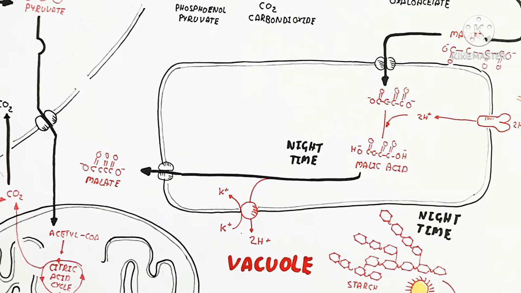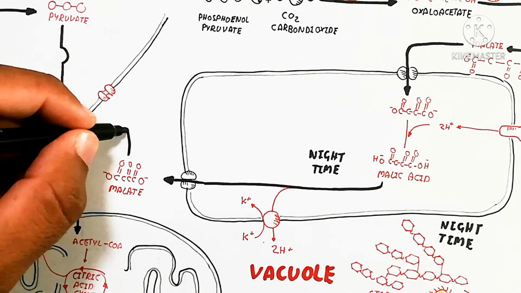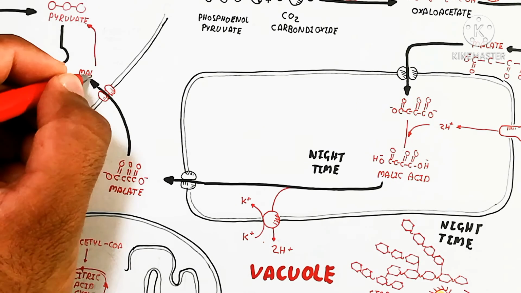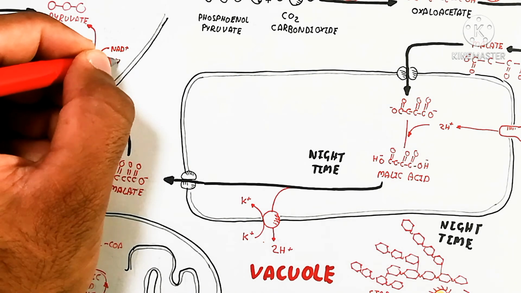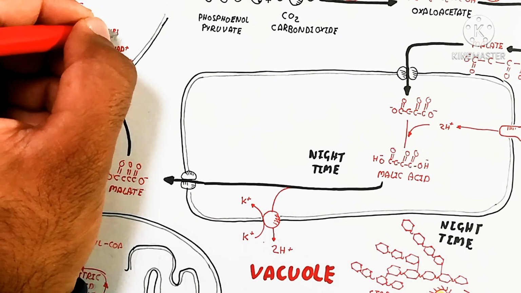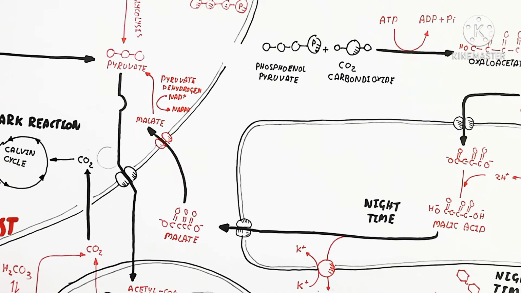So here the malate is produced, and during the daytime this malate goes back into the chloroplast. Then pyruvate is again produced by the pyruvate dehydrogenase enzyme, producing NADPH from NADP plus.